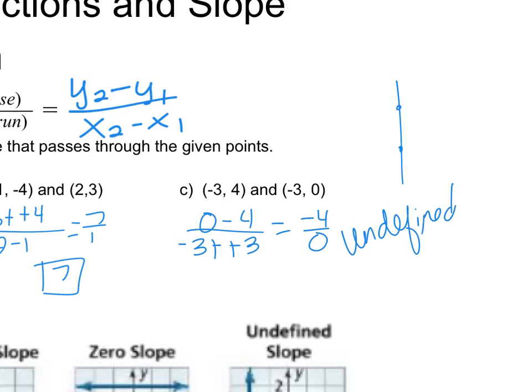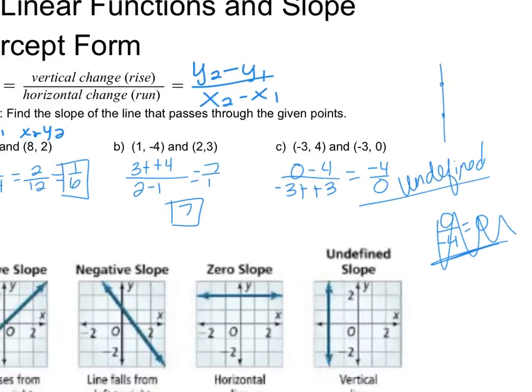And if you get confused on vertical and horizontal, stick negative 4 divided by 0 in your calculator and it will say error, and it won't work. If it was 0 divided by negative 4, that would have been okay. That would have been a horizontal line, so the slope would have been 0. But it wasn't, so it's undefined.